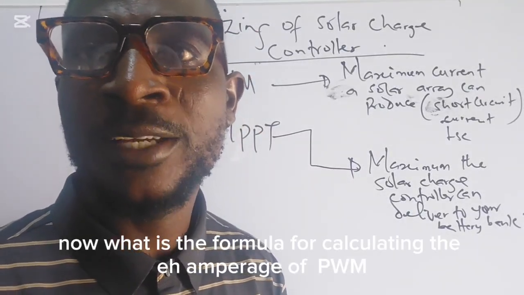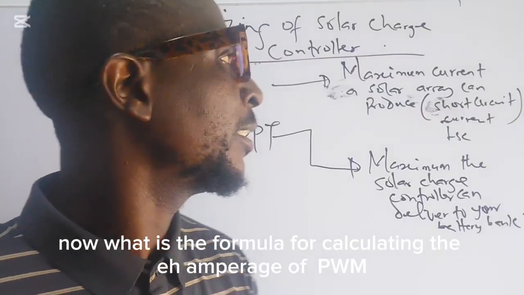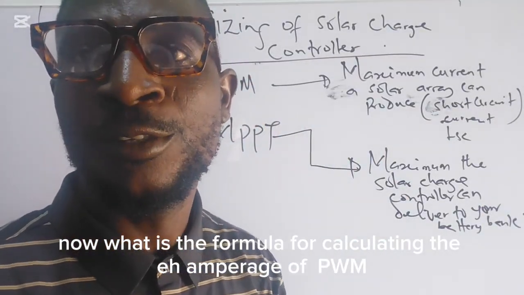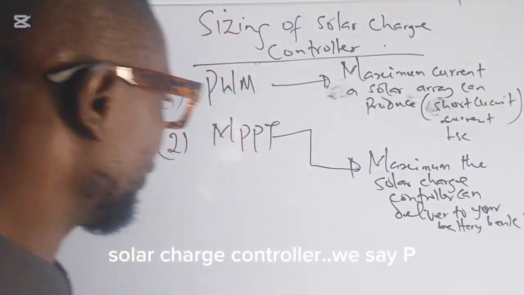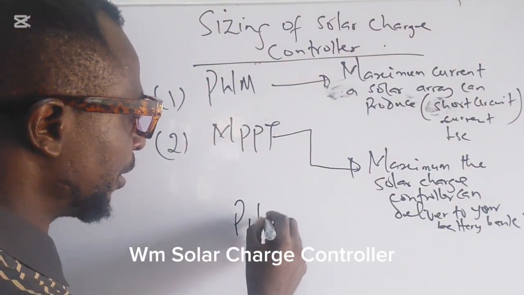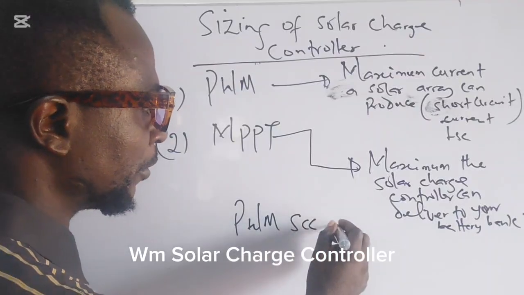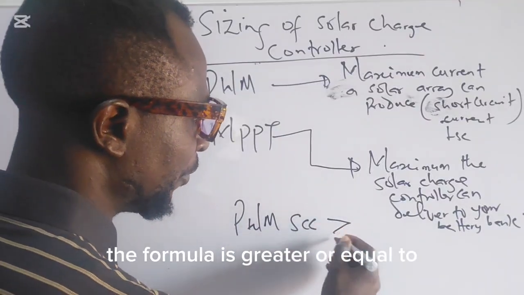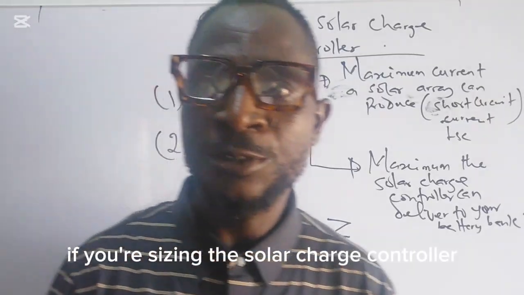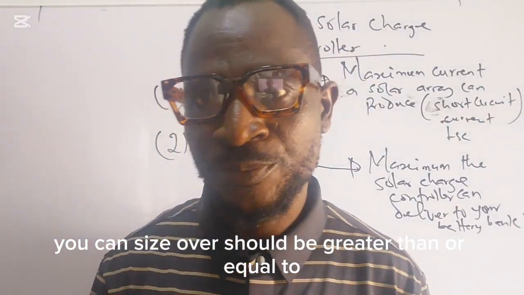Now, what is the formula for calculating the amperage of a PWM solar charge controller? The formula is greater than or equal to. If you're sizing a solar charge controller, you can size over.